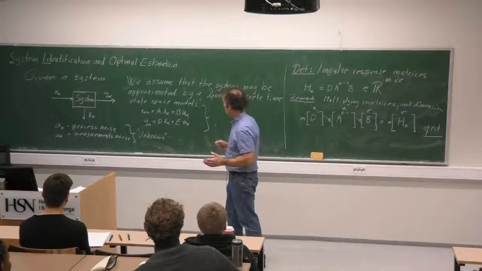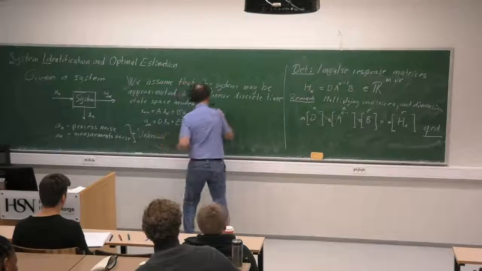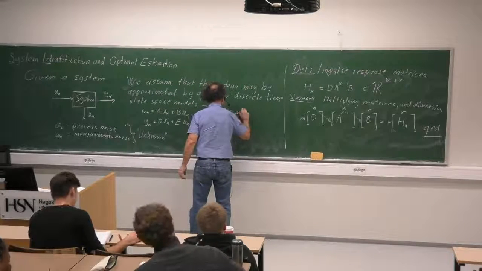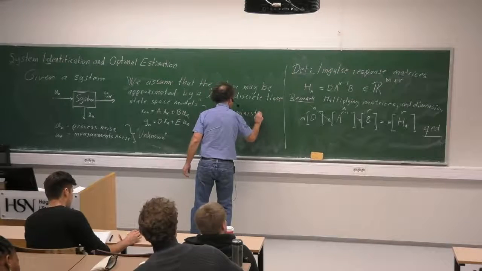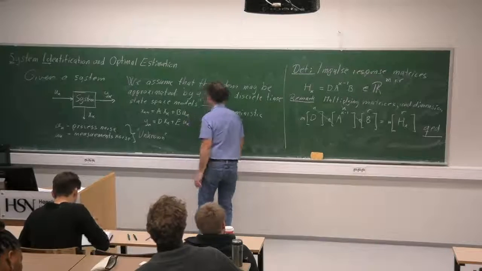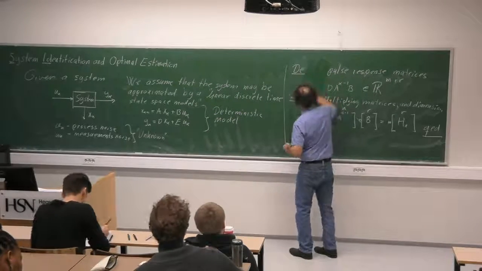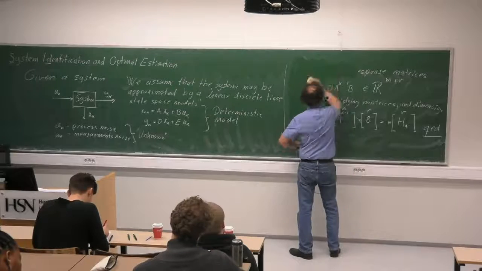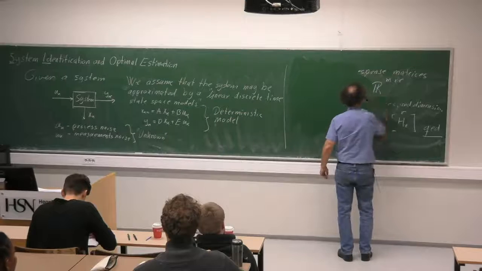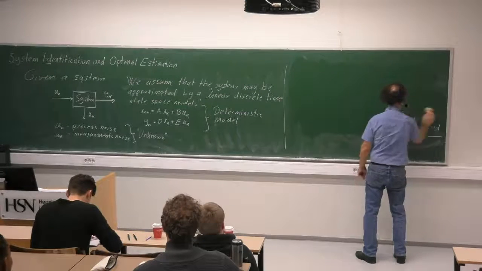So this is defined as a deterministic model. Let us take a look and show how the impulse response matrices arise from the model.